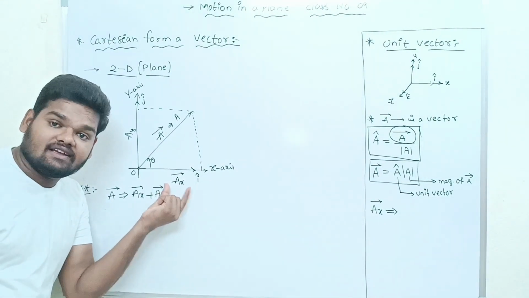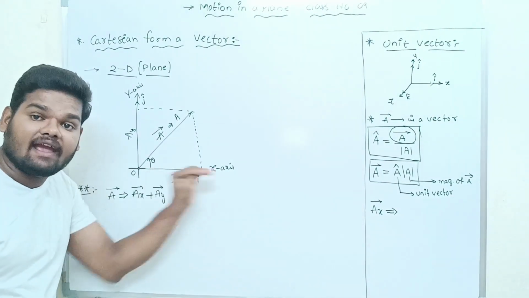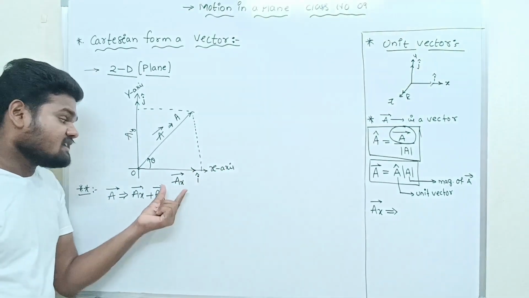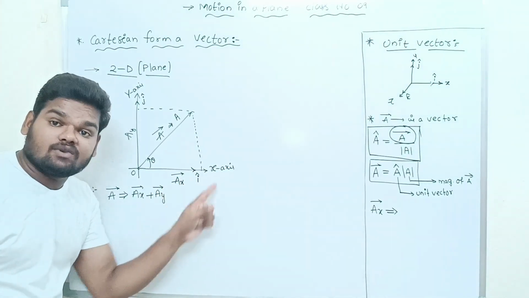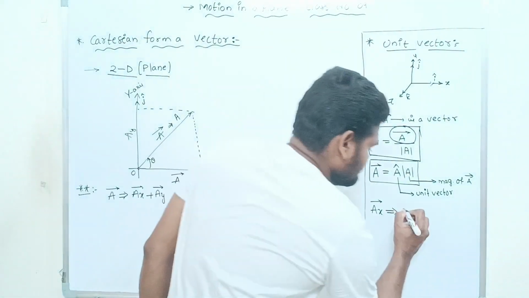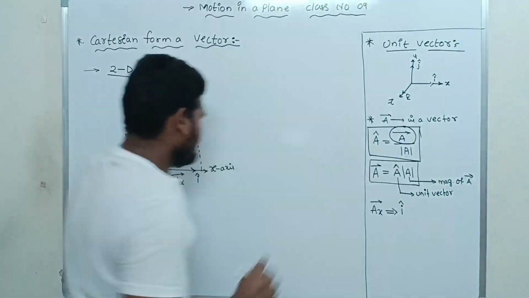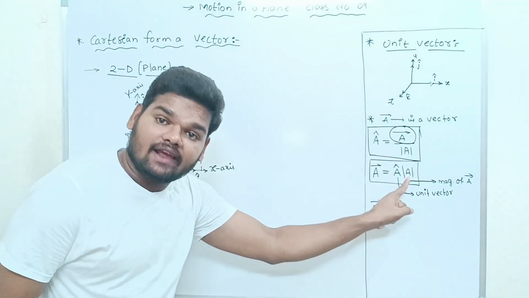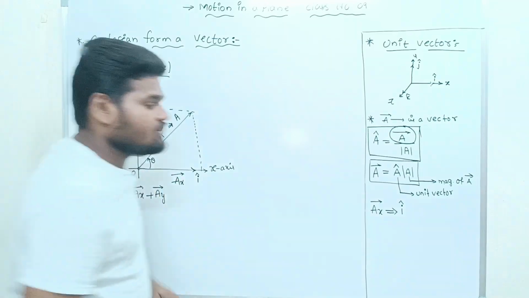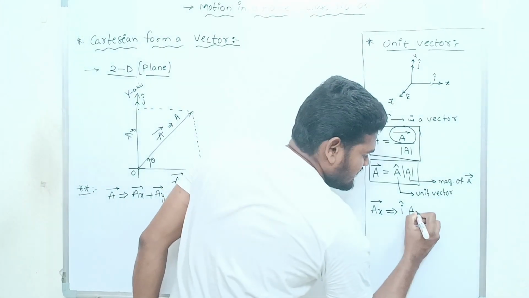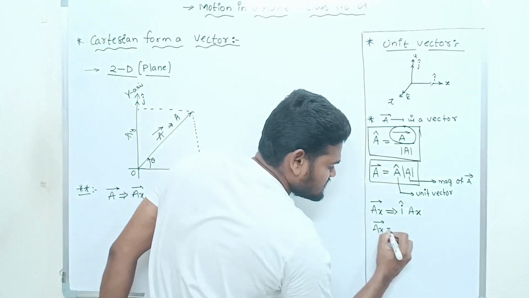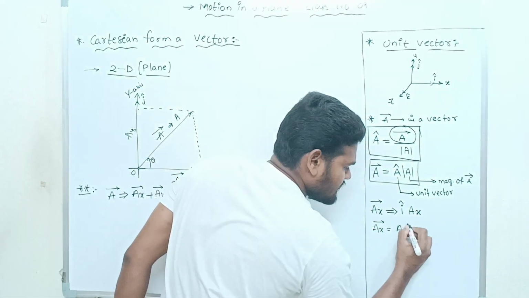Here ax bar is acting along the positive x-axis, and along the positive x-axis, the unit vector is i cap, into the magnitude of the vector. So here we have ax bar and I am taking its magnitude as ax. So finally we can write ax bar is equal to ax i cap.